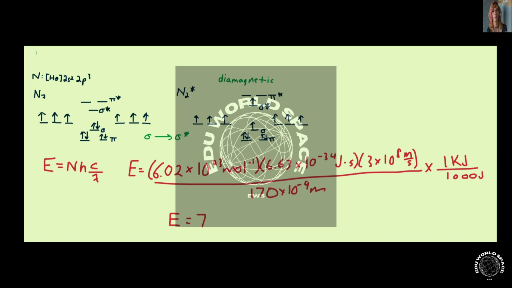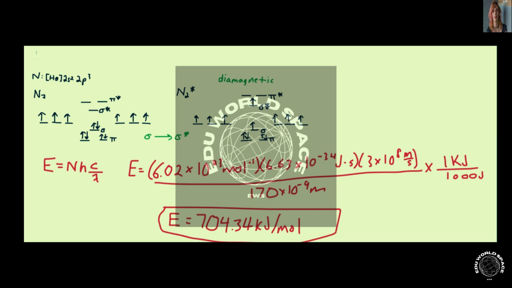So E is going to equal 704.34 kilojoules per mole. So that's going to be the energy of the HOMO-LUMO transition.